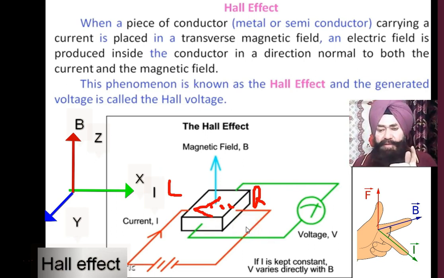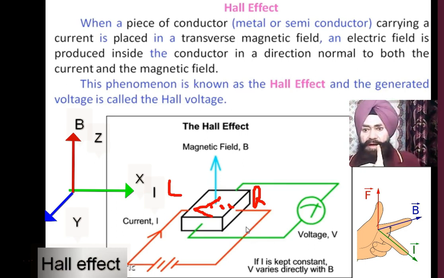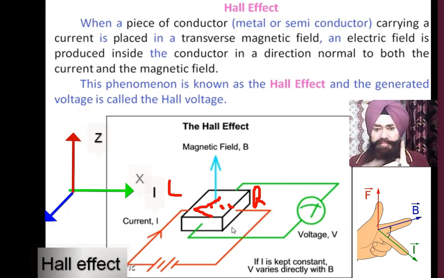This is my left hand, so the magnetic field is along the z direction, and I am pointing this finger towards the current, as I am looking at the figure. Now the force will be along the thumb, and this thumb is along the y direction.